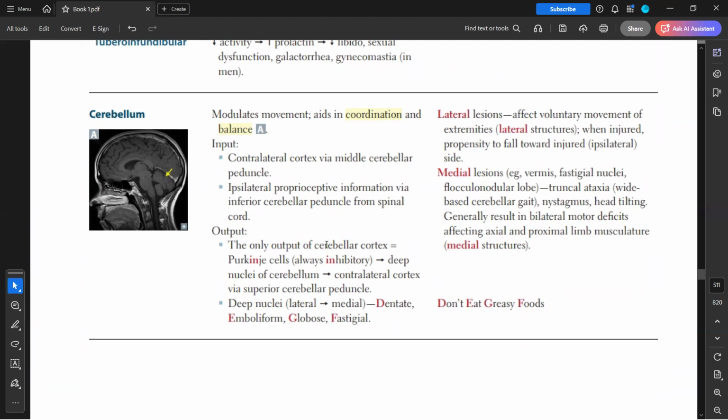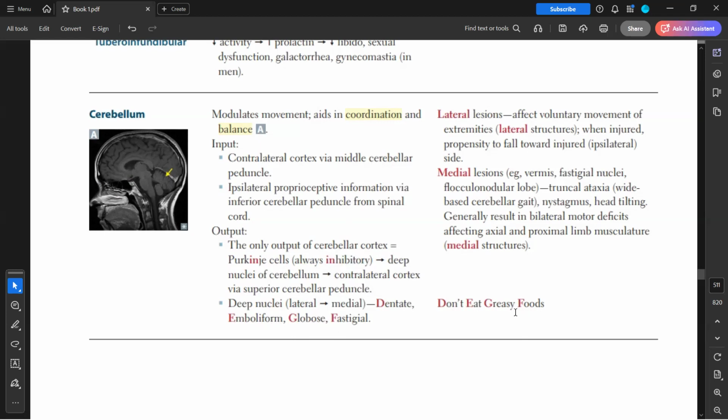The only output of the cerebellar cortex is Purkinje cells, and it is always inhibitory to the deep nuclei of the cerebellum, which project to the contralateral cortex via the superior cerebellar peduncle. Deep nuclei, lateral to medial: dentate, emboliform, globose, and fastigial.